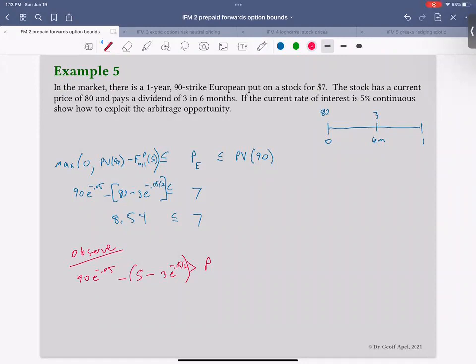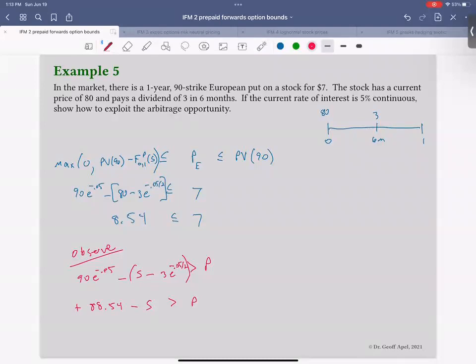Any other items like calls or puts, we just keep as calls or puts or stocks or forwards. So this is minus S plus 90 e to the negative 0.05 plus 3e to the negative 0.05 over 2, and I got 88.54, greater than the put.